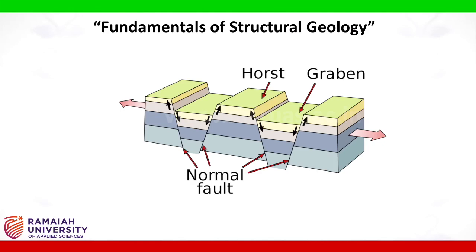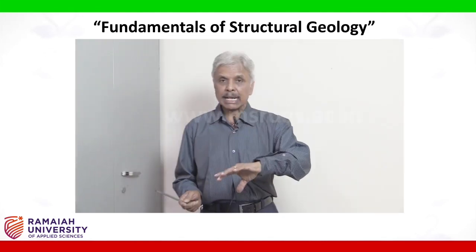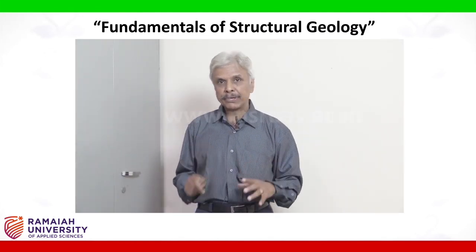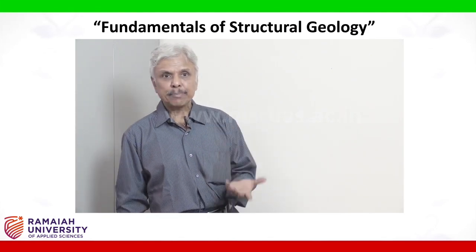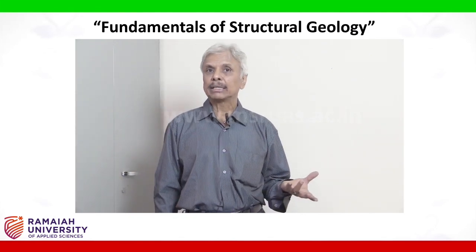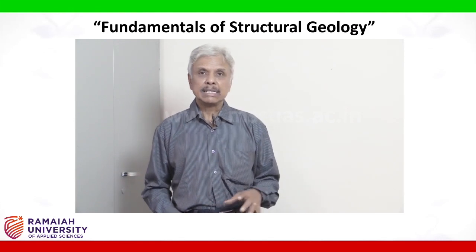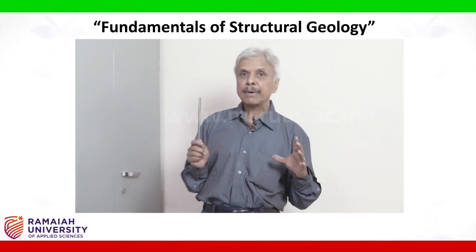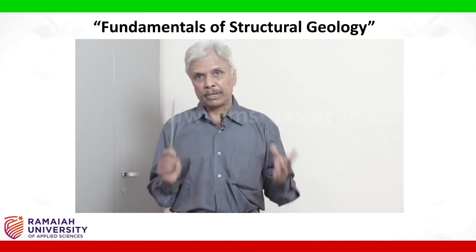The graben, on the other hand, is a block representing downward movement with reference to the normal fault on either side. This graben is a depression generally. The Narmada Tapti lineament in India is a classic example of the graben type of faulting.